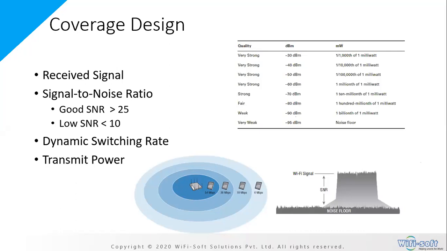Anything up to minus 70 dBm is considered to be a strong signal. If you are doing a site survey and you have your tools, even a simple Wi-Fi analyzer on your laptop or mobile, you have to look at these parameters. People ask us many times what is considered to be a good signal.